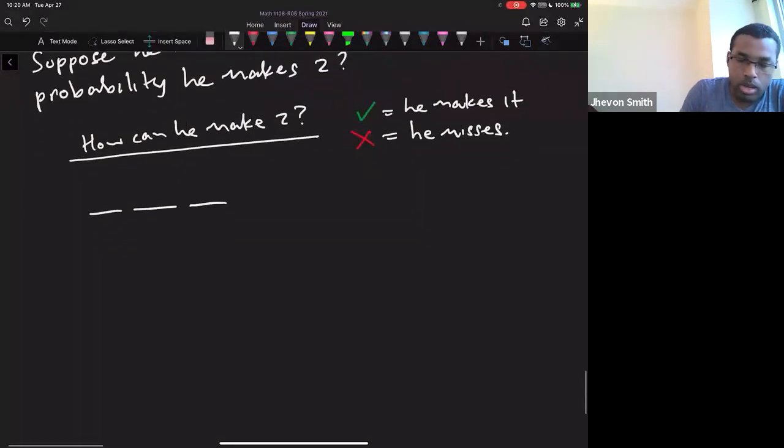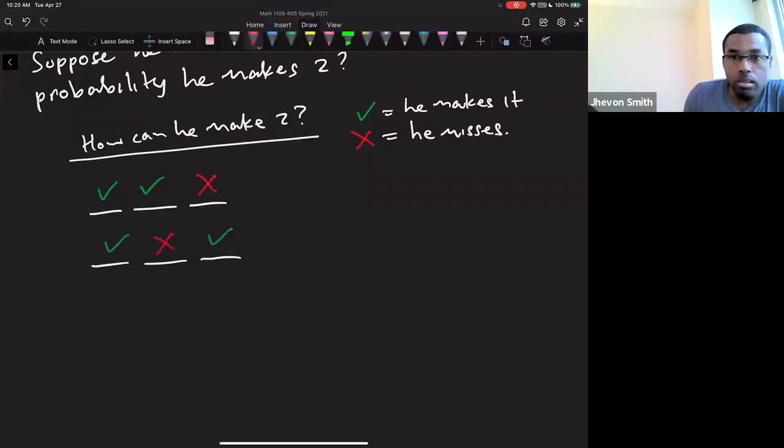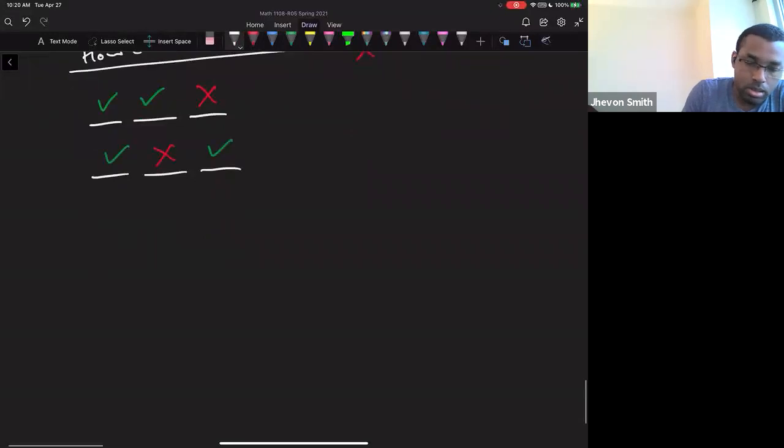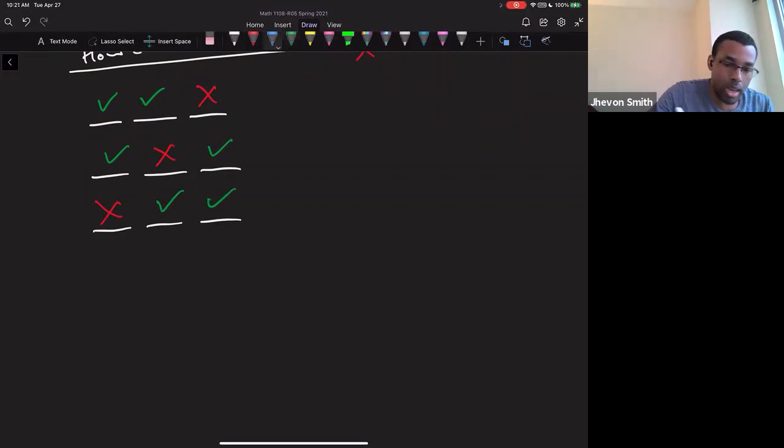So he can make the first 2 and then miss the third. Or he can make the first and the third, but miss the second. Or he can miss the first and then make the last 2. Now, you can notice that this is all possible ways to make 2.